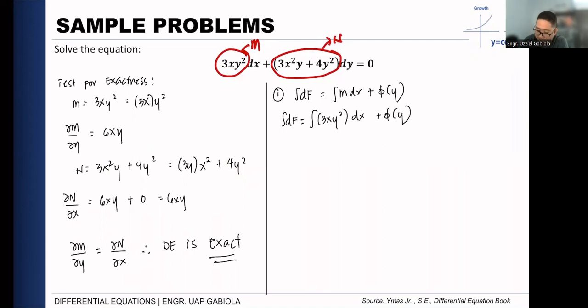Okay? Then perform natin yung integration. So we have f is equals to, ano yung integration ng first term? So dito, in x siya. So yung 3y squared mo, pwede mo ilabas. So pwede natin gawing 3y squared x dx plus phi y. Okay? So simplify mo ngayon, what will be our integration ng first term?